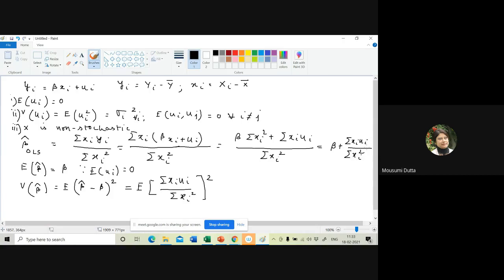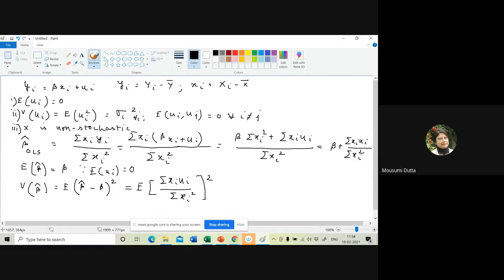So expectation of beta hat is equal to expectation of beta plus summation xi ui divided by summation xi square. Now expectation of beta is beta, since beta is a constant. And for the second term, you will operate expectation on ui. So it will be summation xi into expectation of ui divided by summation xi square.